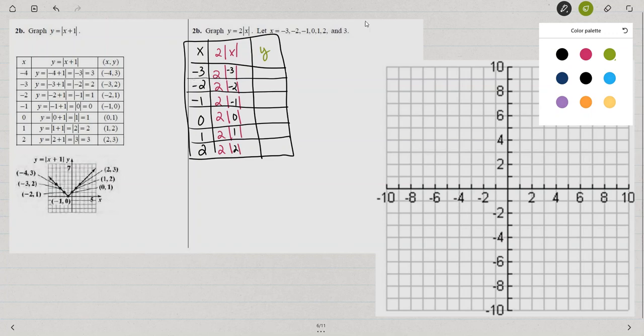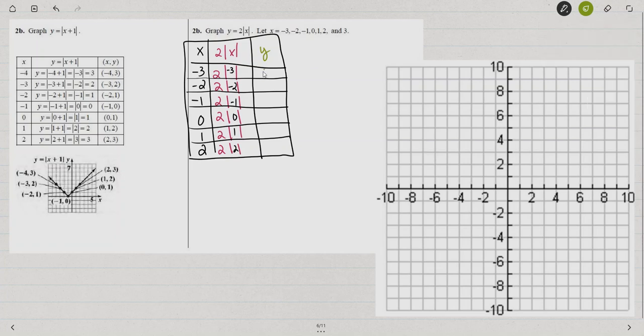The absolute value means to make a negative number positive. So 2 times 3 would give us 6. 2 times positive 2 is 4. 2 times positive 1 is 2. The absolute value of 0 is 0, so 2 times 0 is 0. 2 times 1 and 2 times 2.